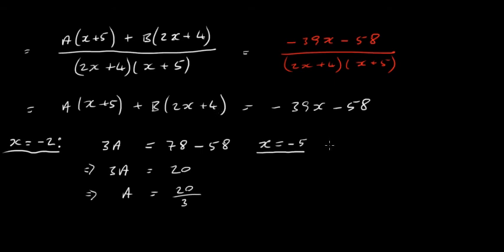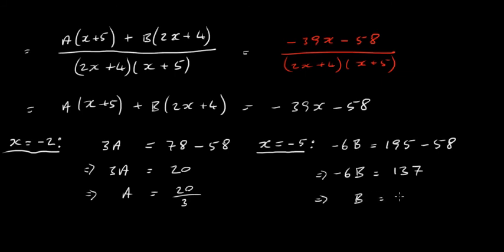So here I'll end up with minus 6b equal to, now minus 5 times minus 39 is 195, and minus 58 here. So minus 6b is equal to 137, and that will give me b equal to minus 137 over 6.